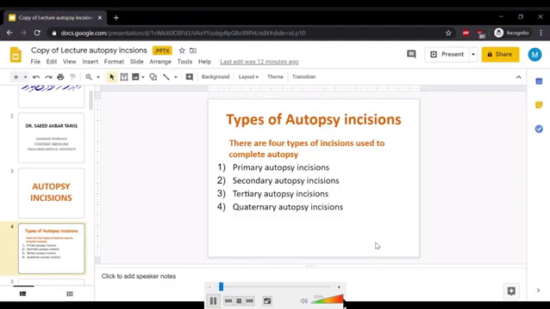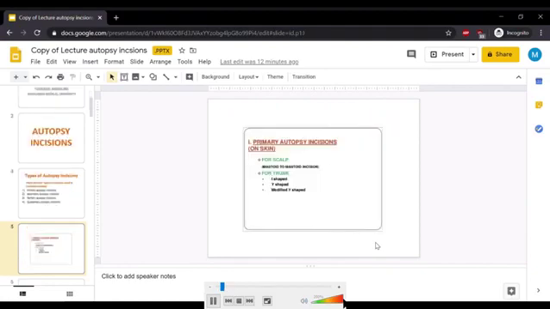There are 4 types of incisions which we use to complete the autopsy: primary, secondary, tertiary, and quaternary autopsy incisions. Primary autopsy incisions are those used to incise the skin.